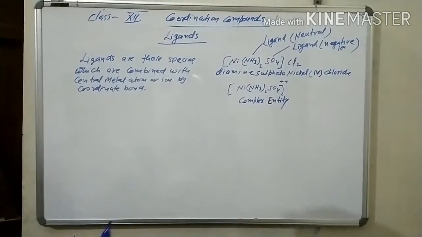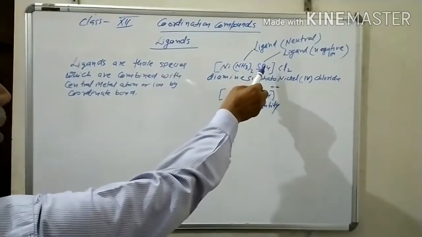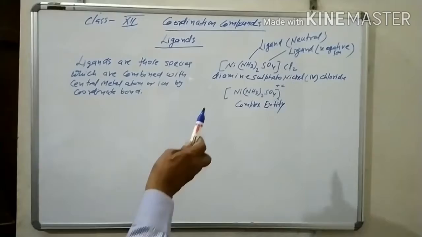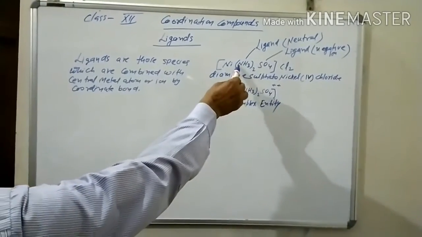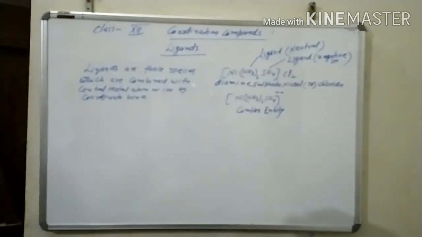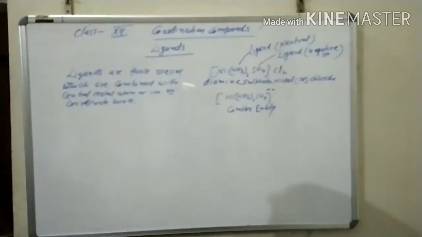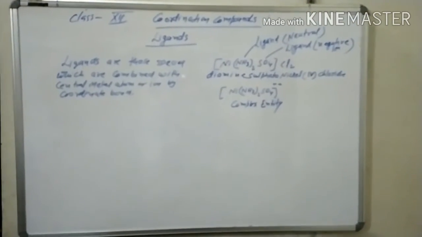In NH3 and SO4, the nitrogen atom is the donor atom in NH3, and in the sulfate ion, the oxygen atom is the donor atom.